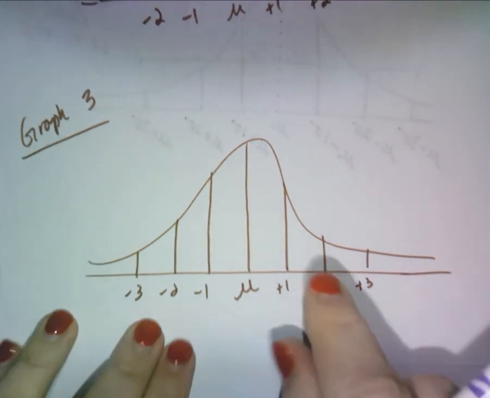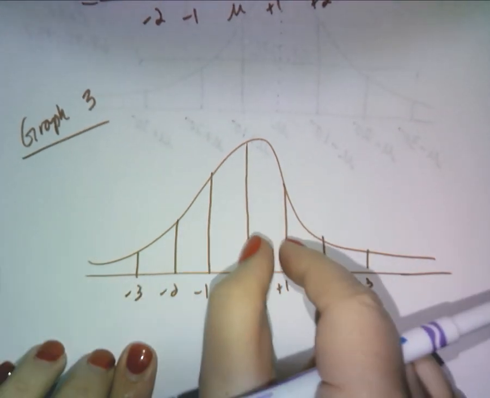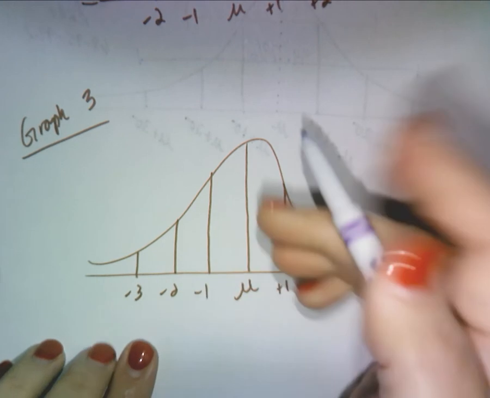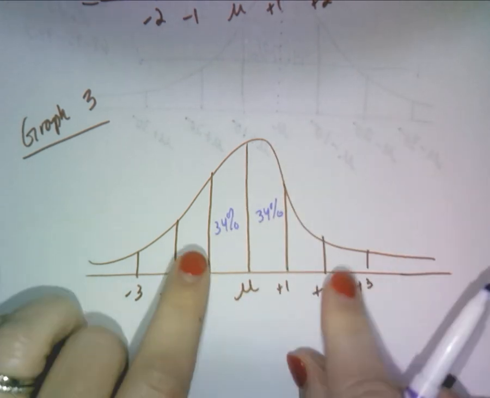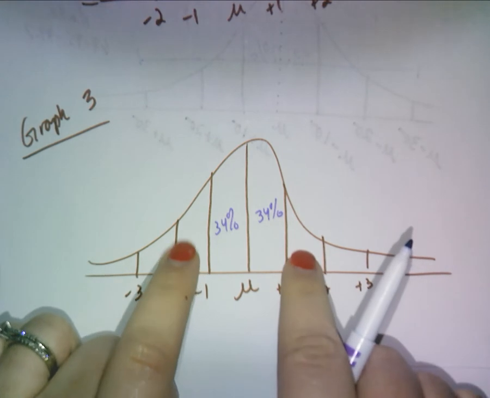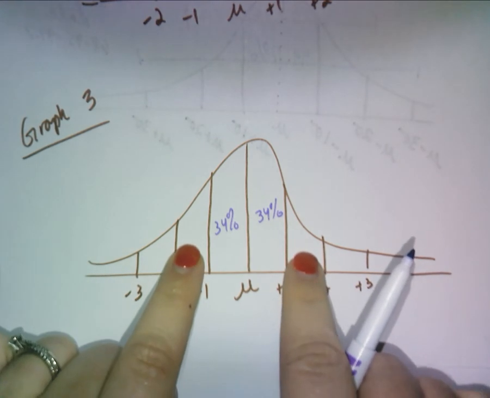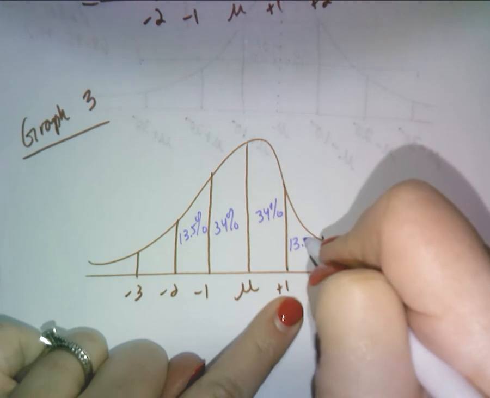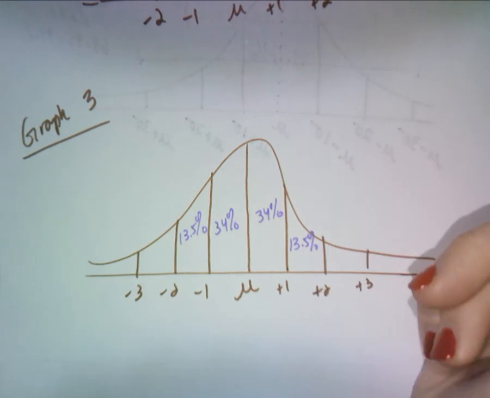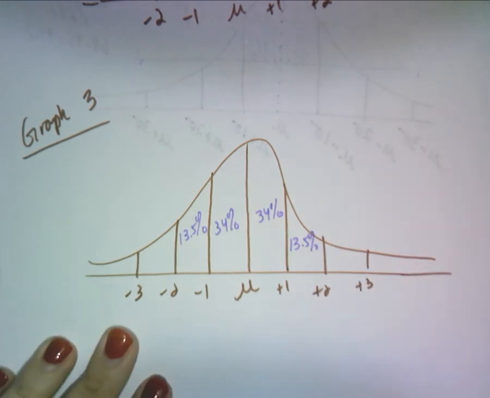So how much is in this section and this section again? 34. How much is in this section and this section, where my fingers are? 13.5. We need to figure out the rest now, and I'm going to show you how to mathematically figure this out, because it's not hard.